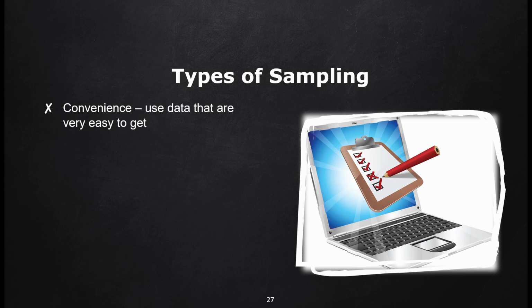And then the user will voluntarily participate in the poll, right? This is not a very good way of obtaining data because it could lead to a lot of bias. For example, just think about who is going to participate in those polls.